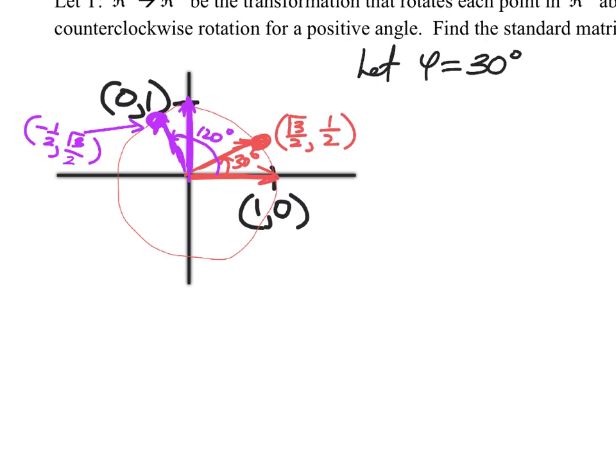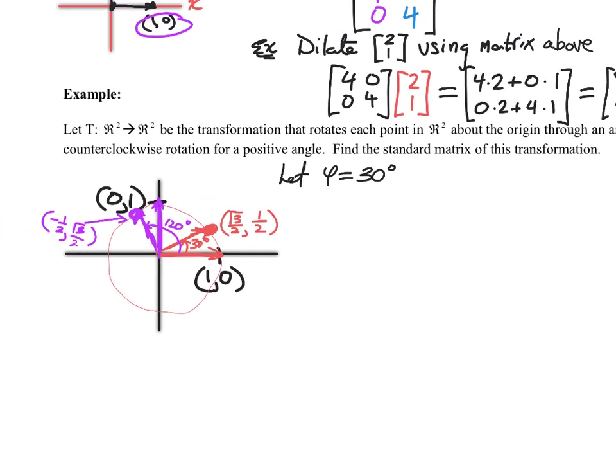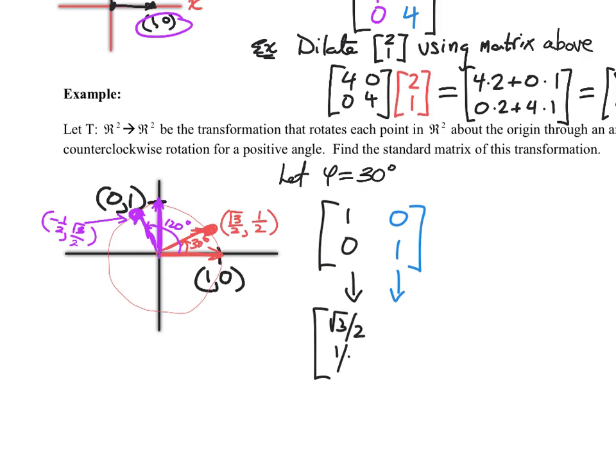All right, so when I'm coming up with the transformation matrix based off of this, I'm just asking, where did my 1, 0 go? And where did my 0, 1 go? After that rotation, 1, 0 went to radical 3/2, 1/2. 0, 1 went to negative 1/2, radical 3/2.